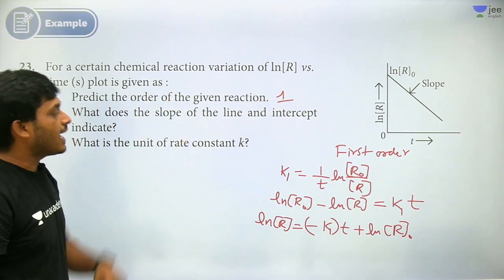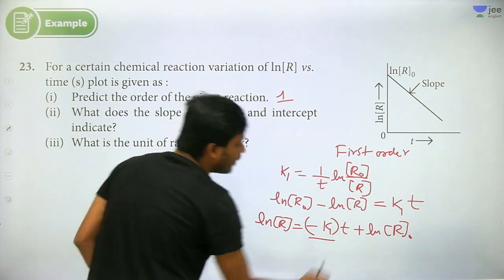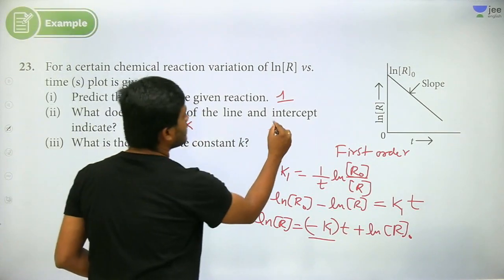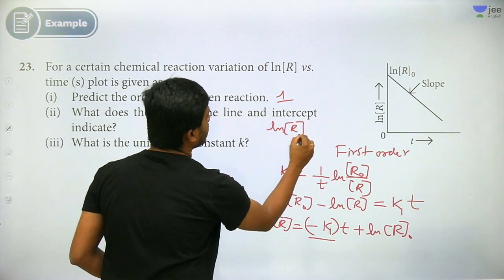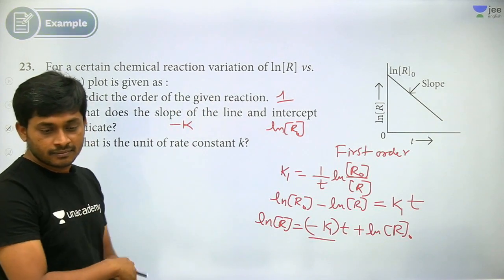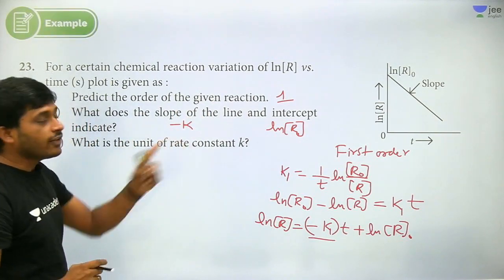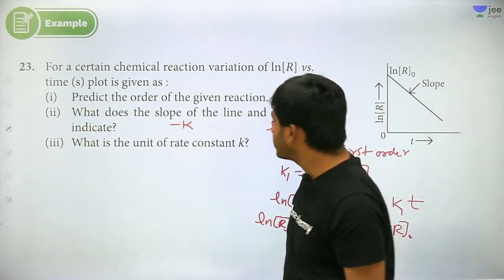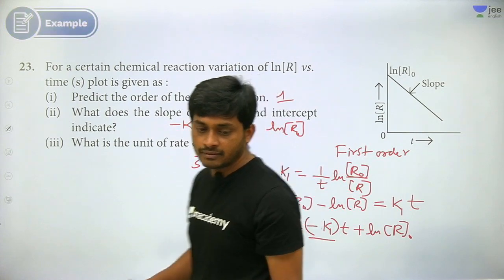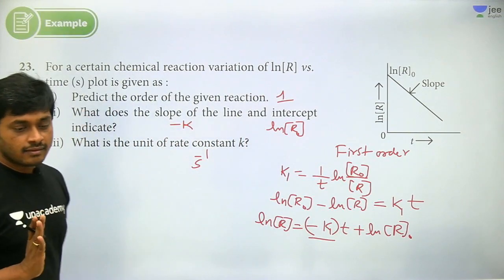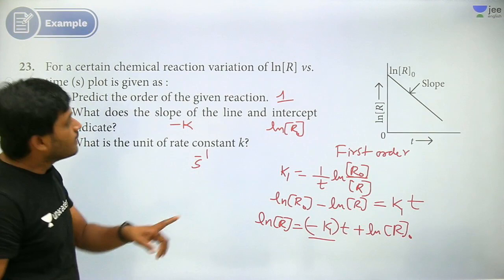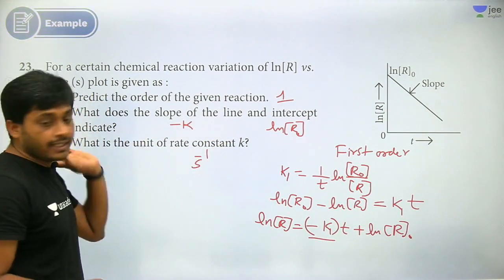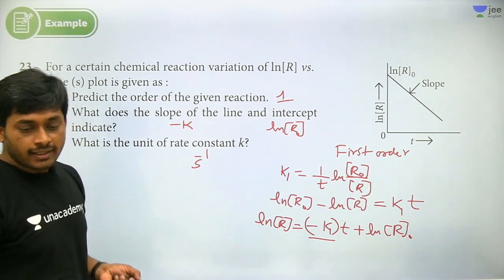What does the slope of the line and intercept give? Slope we got is minus k. Intercept is directly ln of initial concentration. Now what is the unit of rate constant? First order rate constant units are per second. Yes. So 2 marks you will get. Every question we have to answer here: order, slope and rate constant. Okay, right, next.